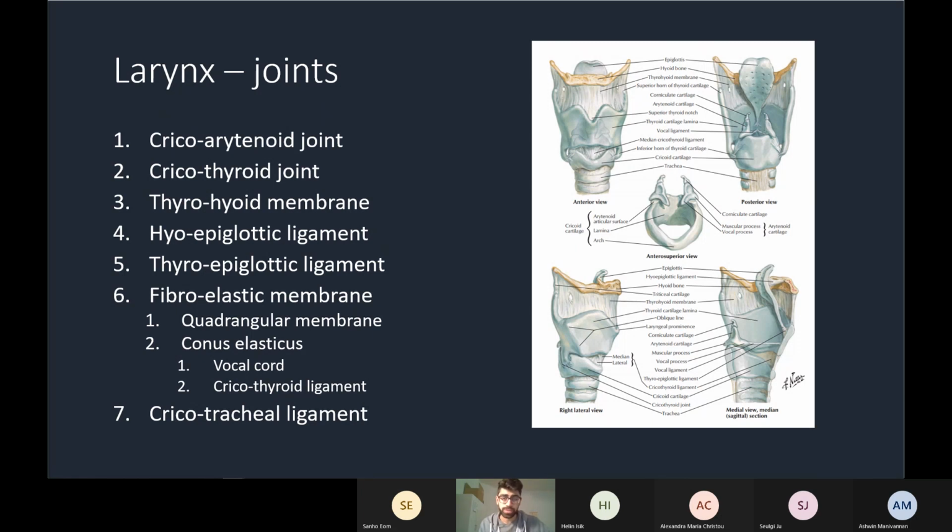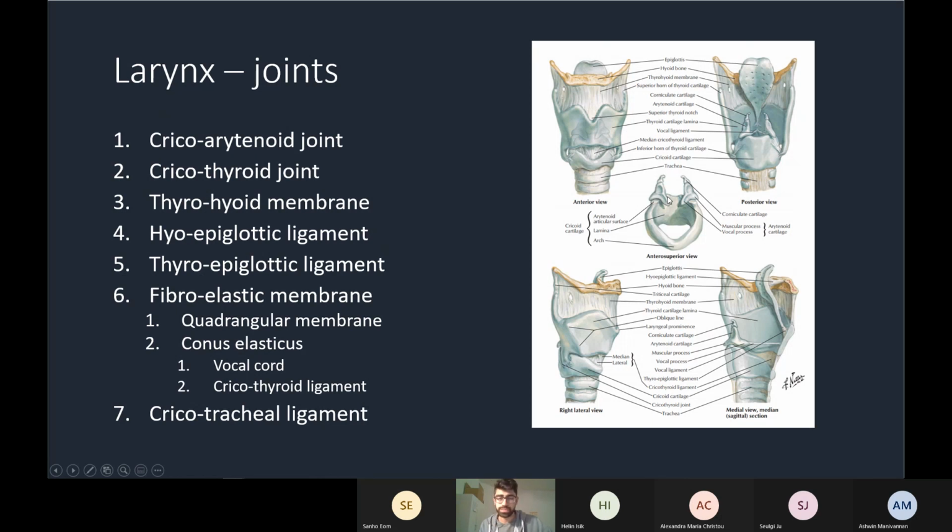Okay, so cricoarytenoid joint, this allows for rotation and sliding movement, okay? This is the same image we saw before. So between the cricoid and the arytenoid. And this creates abduction or adduction of the vocal cords. So it's basically the joint surface here between the cricoid cartilage and the arytenoid cartilage.